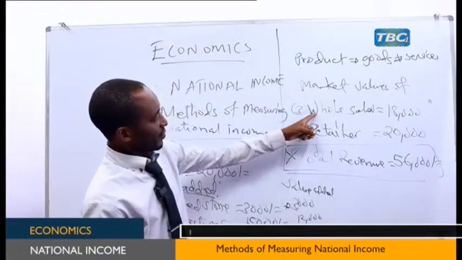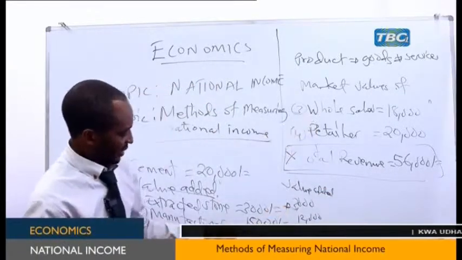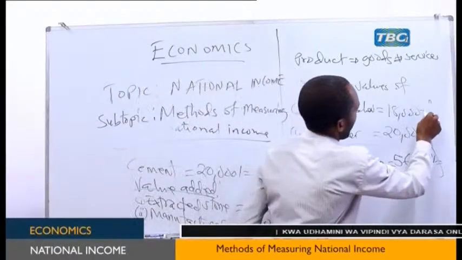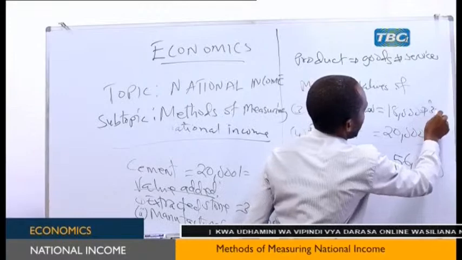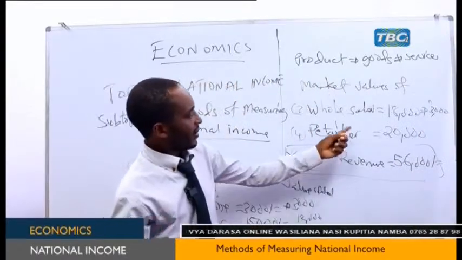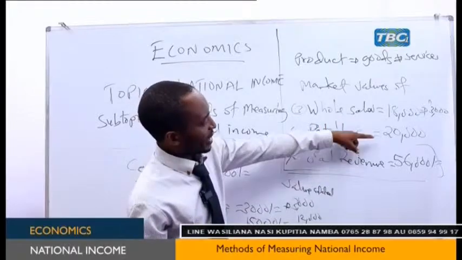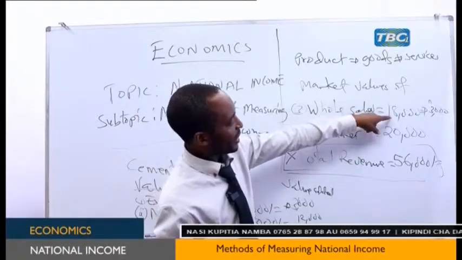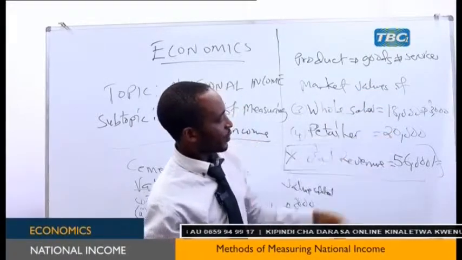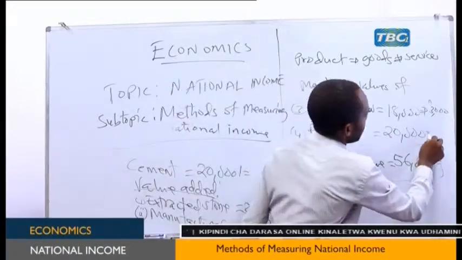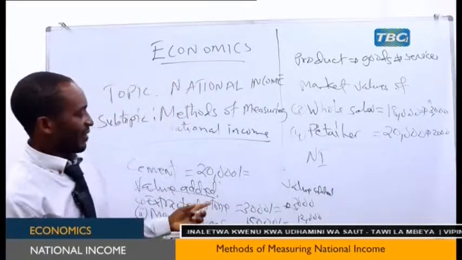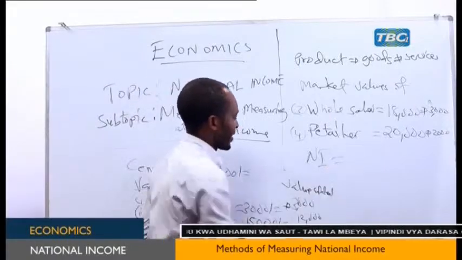Then stage 3, we can see the increase from 15 to 18, so the value added here will be 3,000. And for the fourth person, the value added, from 18 up to 20, will be 2,000.